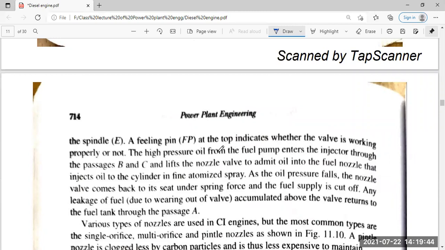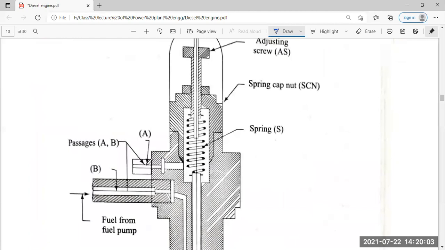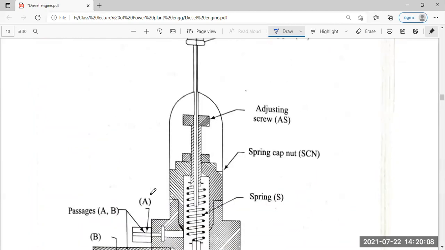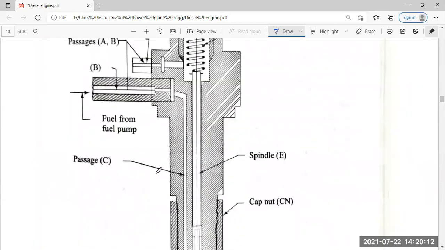High pressure oil from the fuel pump enters the injector through the passages P and C and lifts the nozzle valve to admit oil into the fuel nozzle. This is the passage P, and these are the two passages.